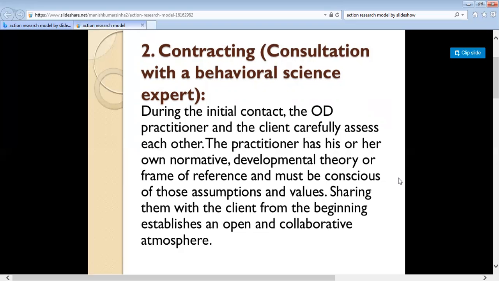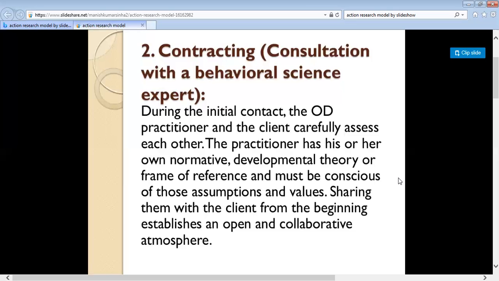Sharing them with the client from the beginning establishes an open and collaborative atmosphere. Basically, contracting involves establishing mutual expectations, reaching agreement on expenditures of time, money, resources, and energy, and generally clarifying what each party expects to get from the other and give to the other.